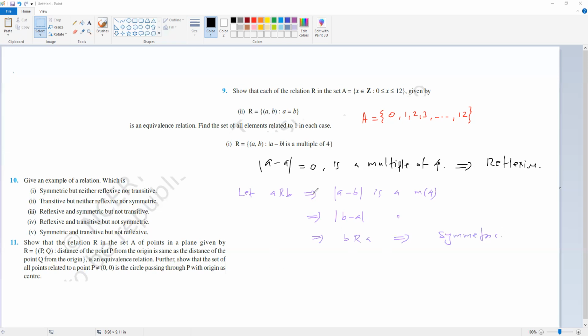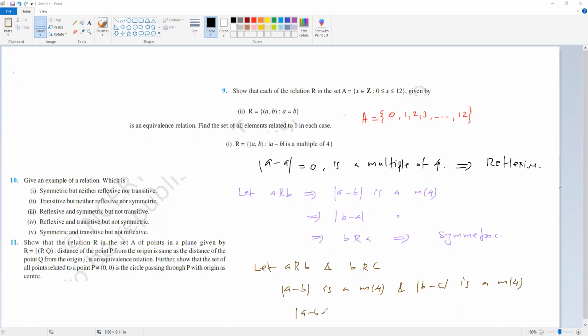Then for transitivity, let a be related to b and b related to c. So a minus b is a multiple of 4 and b minus c is a multiple of 4.